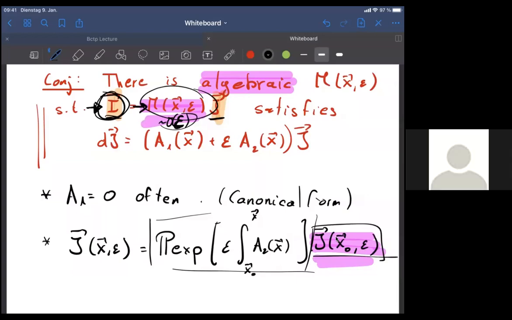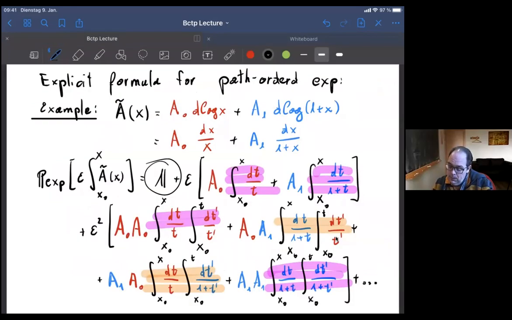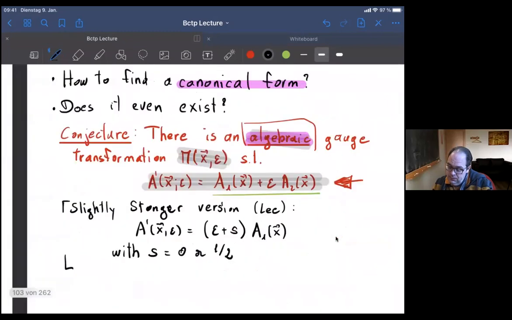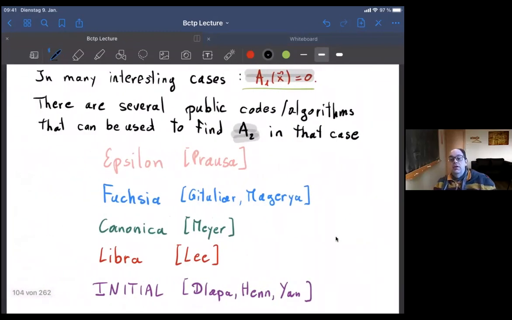Okay? More questions? We will also look at this in a minute on the example of the box. You will see it in Mathematica, which is a bit cleaner even than if you just write it down.